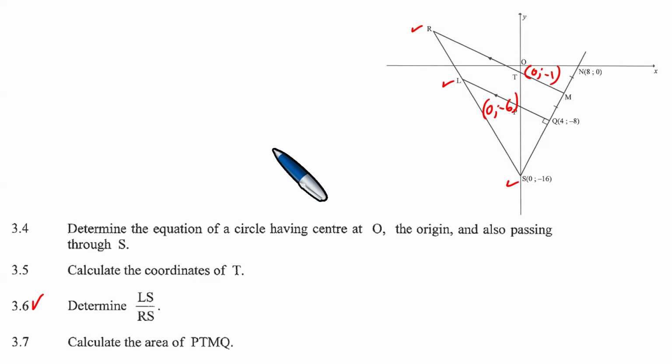And then you tell me the answer to 3.6. You need to find LS divided by RS. These are like distances. The distance from L to S.